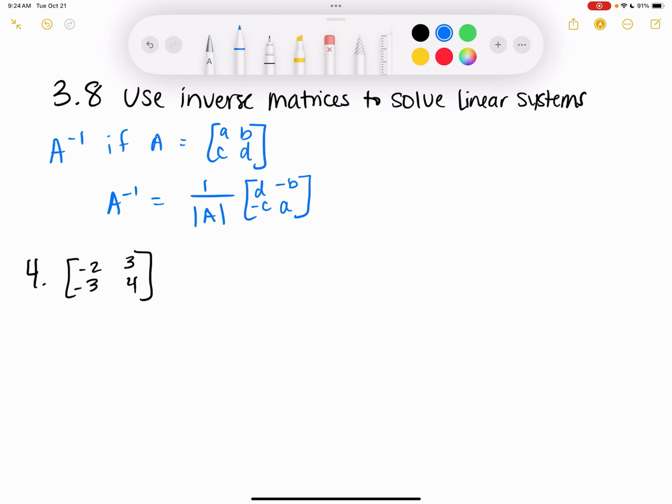So, we would have 1 over the determinant of this, which would be -8 minus a -9, so +9, times, swap the main diagonal here, which we call our main diagonal, so 4, -2, and then we change the sign of the other numbers, so this top becomes -3, the bottom becomes +3. So then I have just 1 over 1 here, so my inverse matrix is 4, -3, 3, -2.